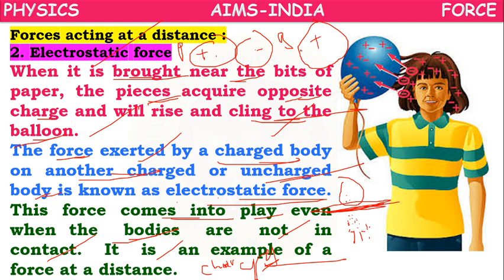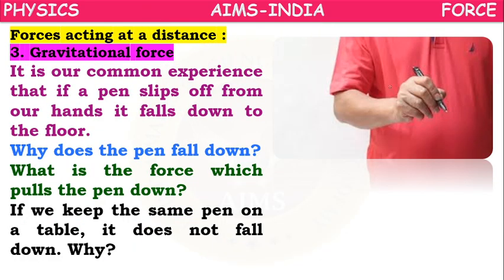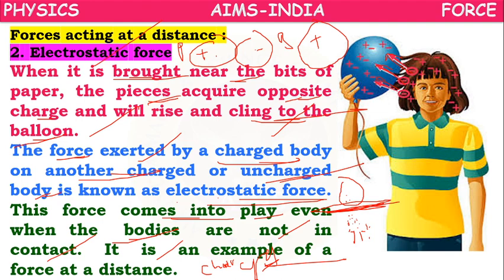If you bring it near your hair, negative charge from the hair will be attracted towards the balloon. That's why the hair appears to be clinging to the balloon. So this is an example of electrostatic force. This is the second type of force at a distance.